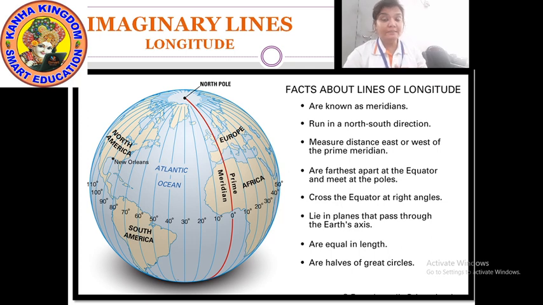Now the another imaginary line is the longitude. The longitude you can see in the picture. You can see in the picture the latitude which I showed you were from east to west. Now these longitudes are from north to south.